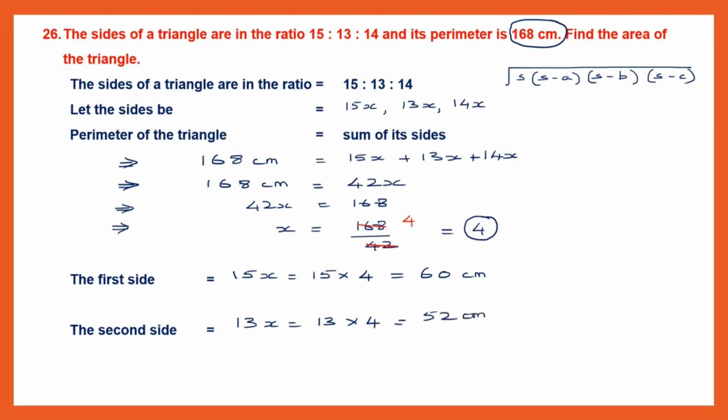So we have the second side. Now let's take the third side. The third side here is 14x. That is 14 into 4. 14 into 4 is 56. So now we have found the length of the three sides. With this, we can find the semi-perimeter and we can also find the area of the triangle.